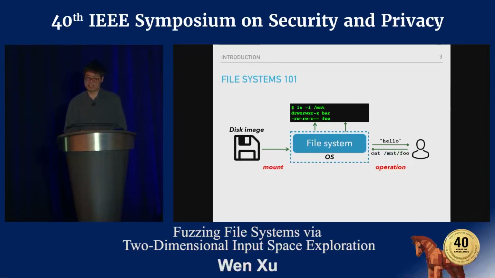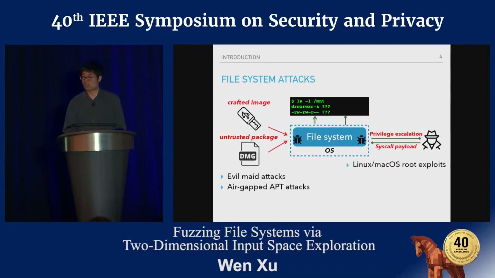And then the image is mounted to a specific folder, and then users, applications, or the operating system can access it by invoking some system calls. So here, file systems expose two attack surfaces, which are the mounting operation, where the disk image is accepted, and also the file operations.